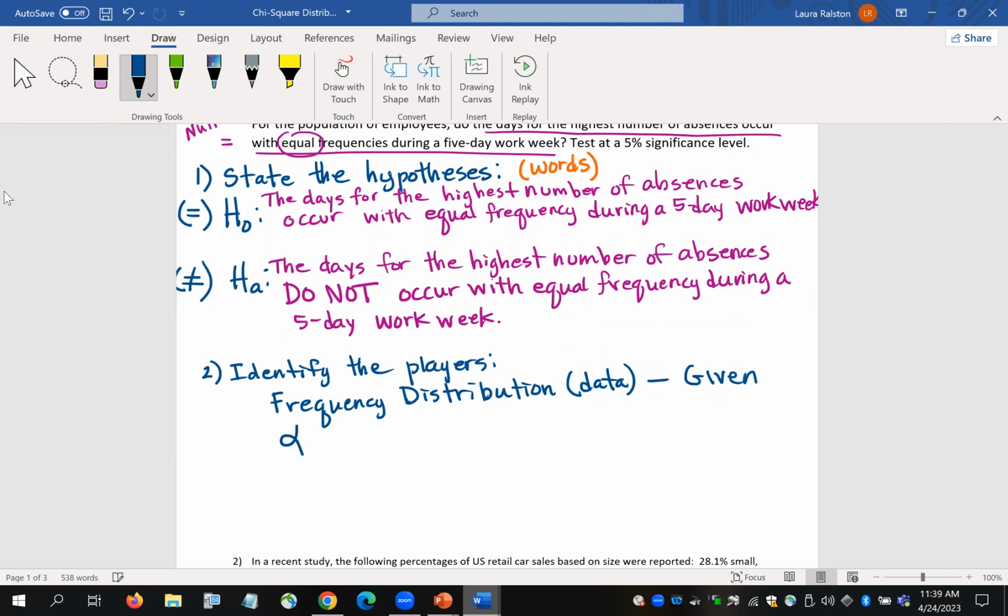We do need our alpha, which is the level of significance. And then you need the confidence level. Okay. And I think I have these problems printed out, so I won't have to keep toggling back and forth. Let me double check. Yep, here they are.